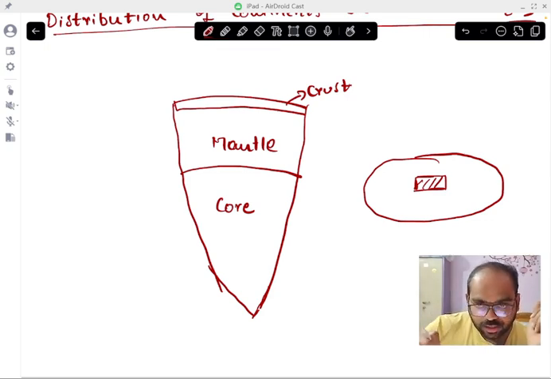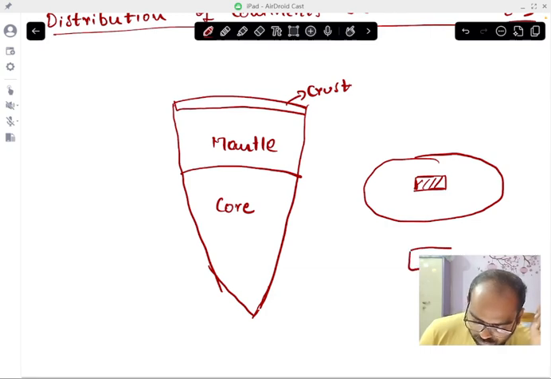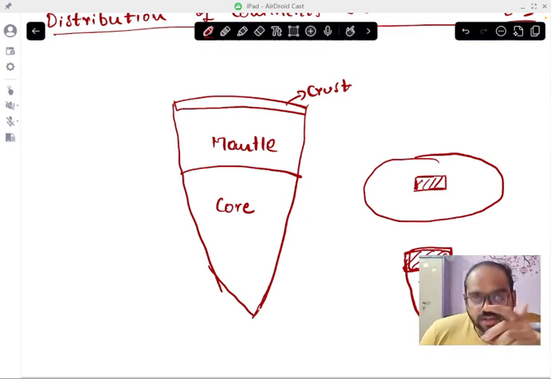How will it look? It will look like something like this. This is the outer part, the green color part, and this is the fruit part. So this is cross section of a watermelon.